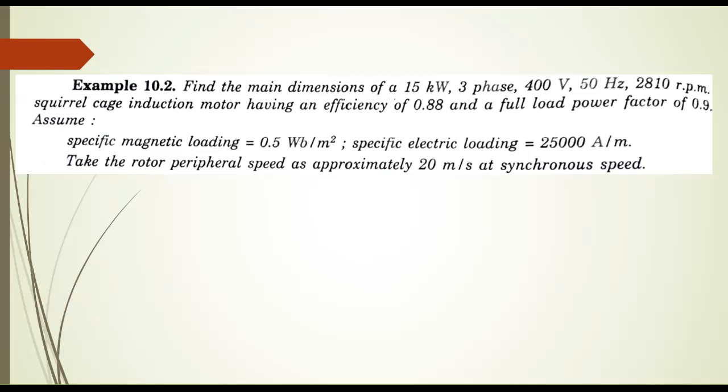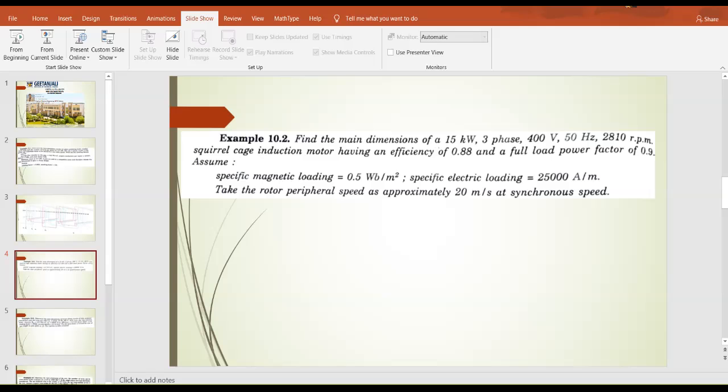We are assuming these things. The specific magnetic loading is 0.5 Weber per meter square. The specific electric loading is 25,000 ampere per meter. And we can take the rotor peripheral speed as approximately 20 meter per second at synchronous speed.